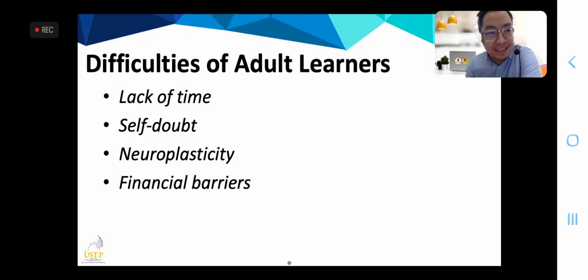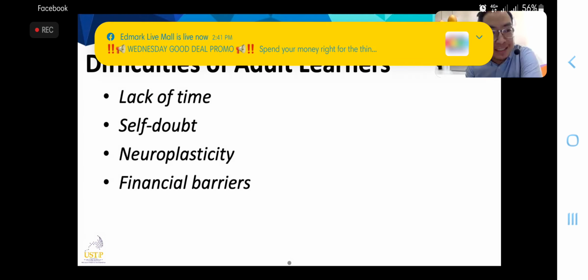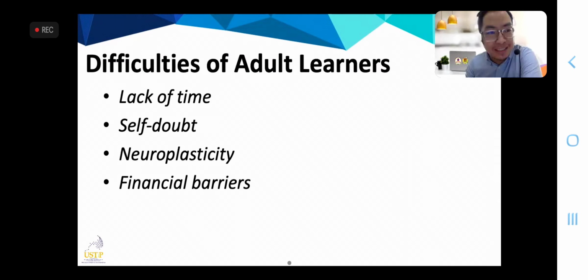I'll give you an example. Many textbooks in college are sold around 350, 400, and this is already equivalent to a day's work. And our students are part-timers. Therefore, the 350 is about 2 or 3 days' equivalent of salary, and you expect them to pay that much for an IM.